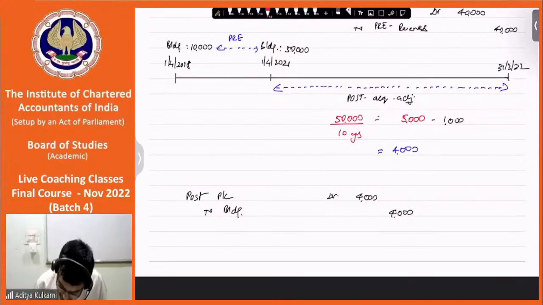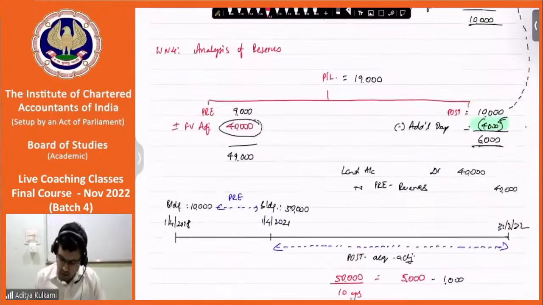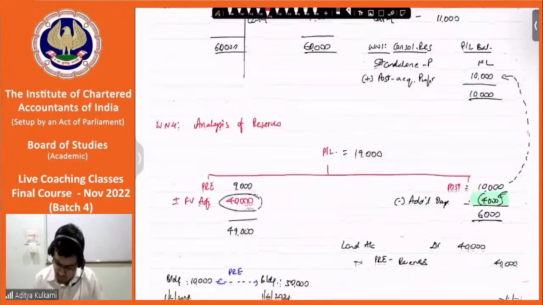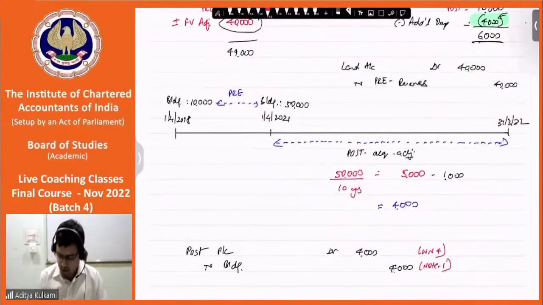Where will these items go? This will go in working note 4. This will go in note number 1. So in working note 4, I will have 4,000. This is working note 4, right? So post P&L 4,000 to building 4,000, note number 1.